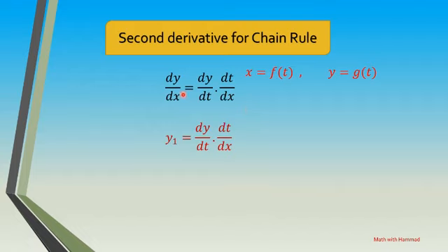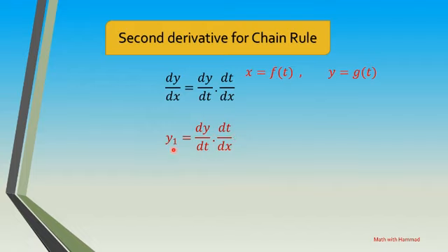Students, when y1 is on the left hand side, the right hand side is simply dy, and the second term is dt by dx, with no change in the second term.